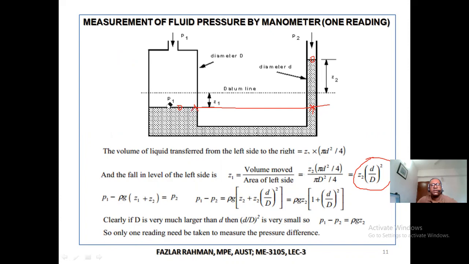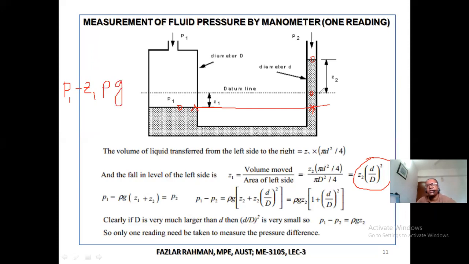If I apply that rule, then the pressure right over here will be P1. Then from here, you came in over here, then you move over here. So the height of this one is Z1, and you are moving upward, so plus Z1 into rho g.